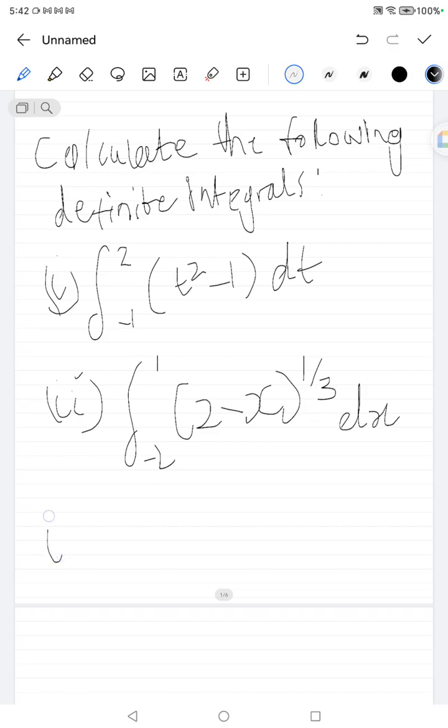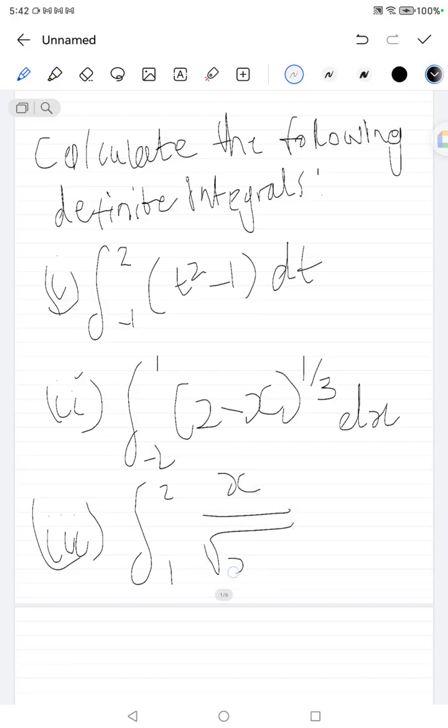Then the third one they had, which is from 1 to 2, is x over the root of x squared plus 9, then you have your dx.